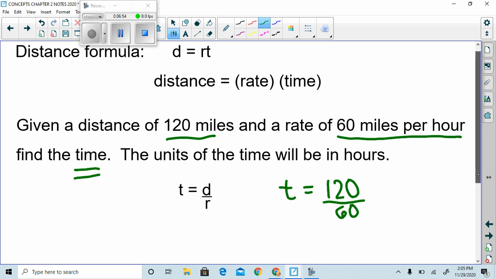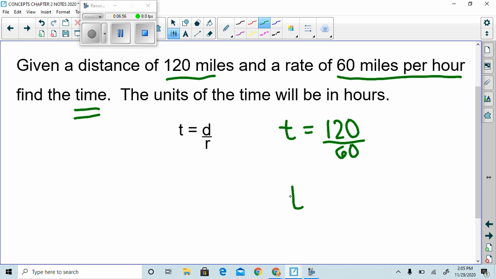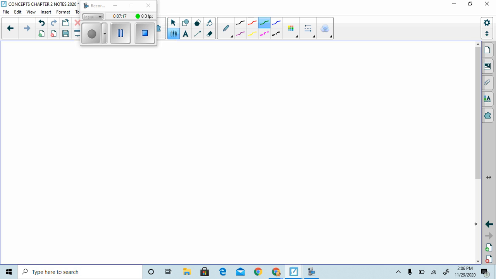And what is that giving me? Time. And that time will be 2 hours. Again, it's critical that I tell you that I'm looking at hours and not miles per hour and not miles. Knowing the rate, the unit analysis tells me what I'm looking for. So these are just a few different applications of this. We'll go into some more detail in our next session as a review.